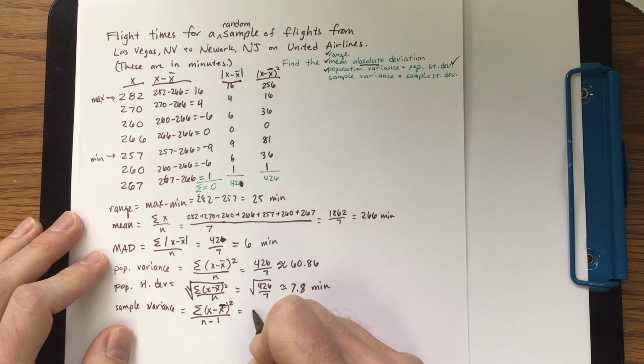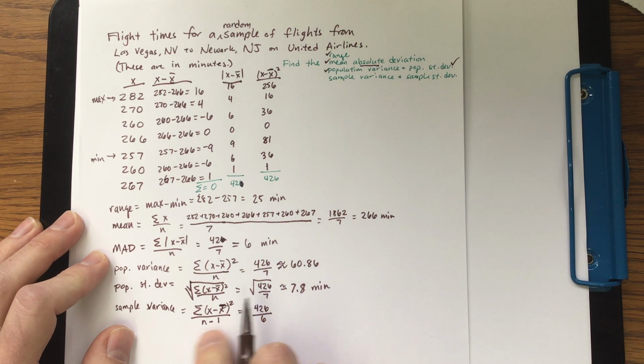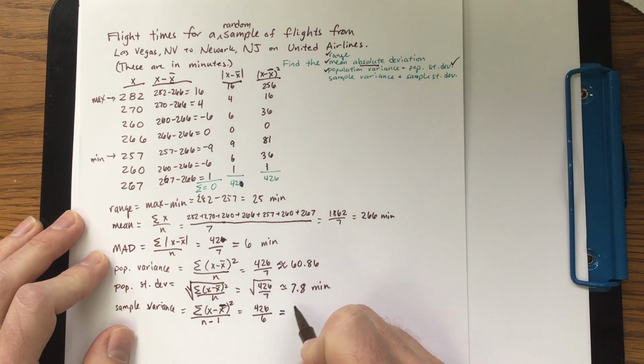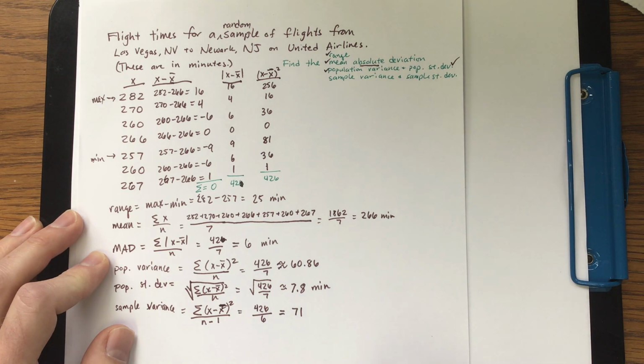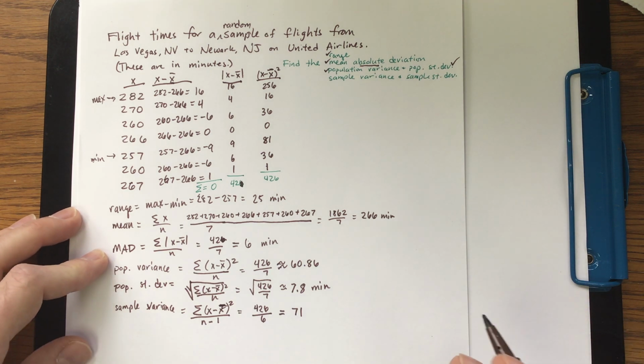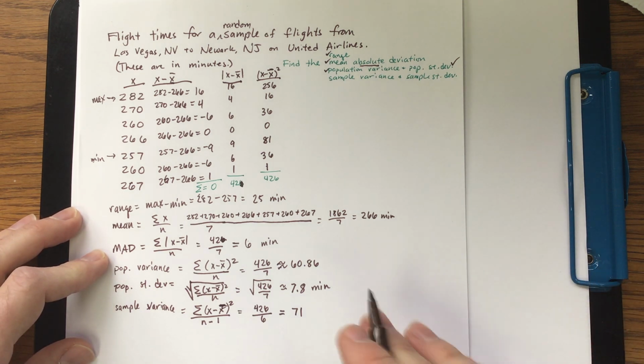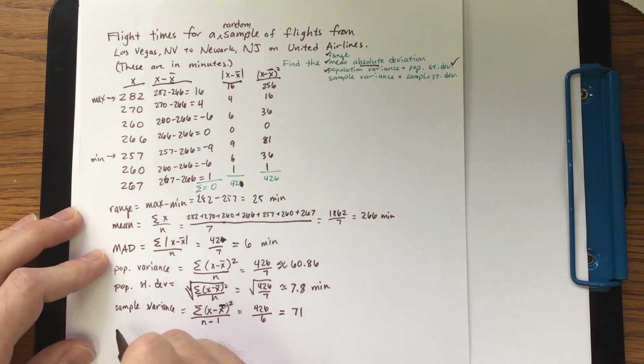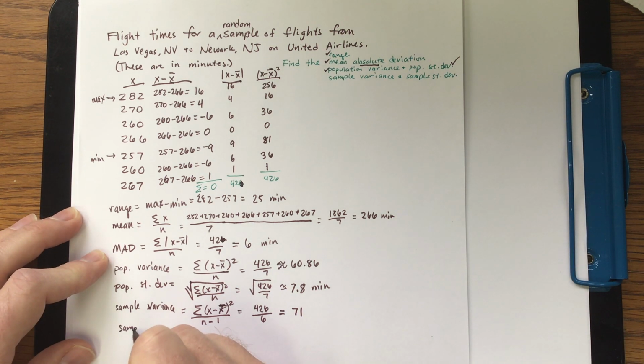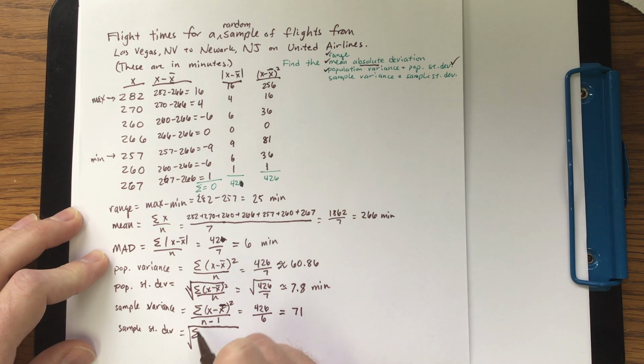So that's going to be 426 divided by 6, because 7 minus 1 is 6. That number is exactly 71. The units on that would be minutes squared, or squared minutes, and I'm not going to bother with that. Sample standard deviation is going to be the square root of the sample variance, which we just figured out.